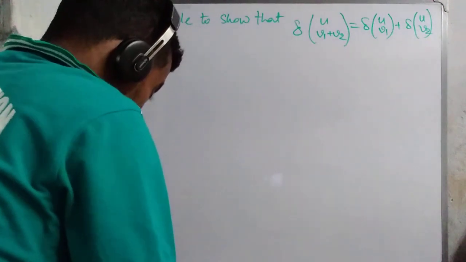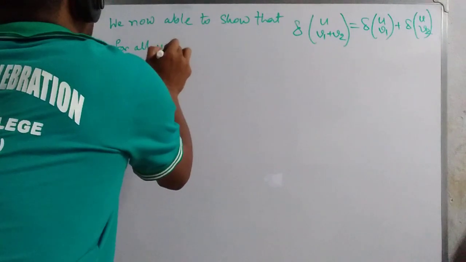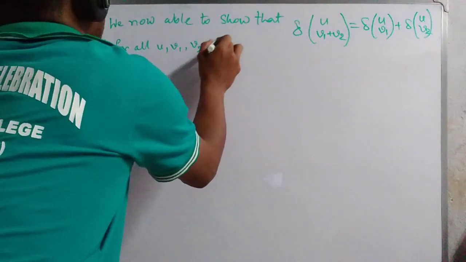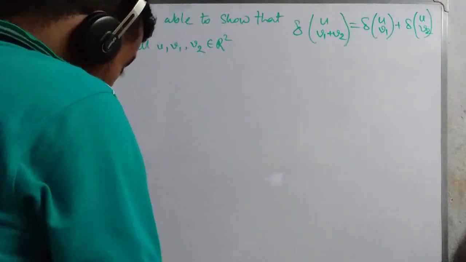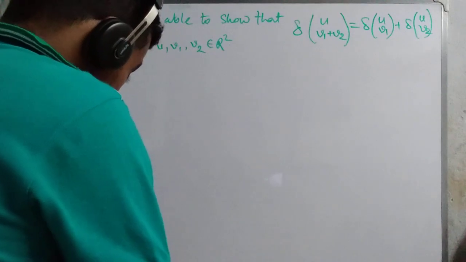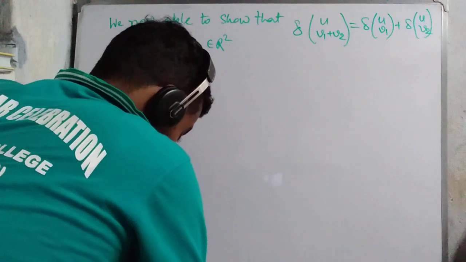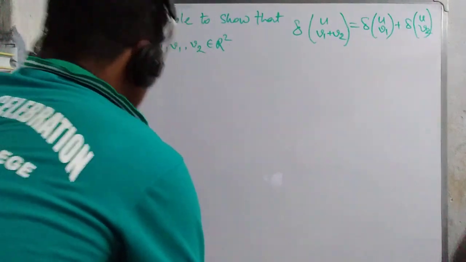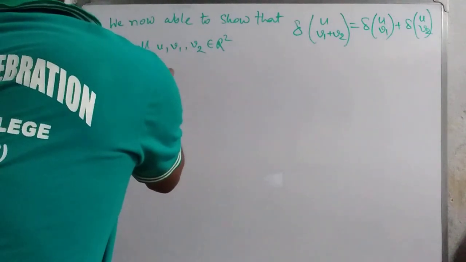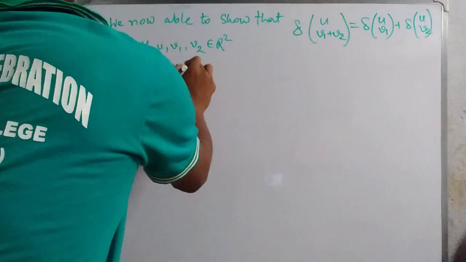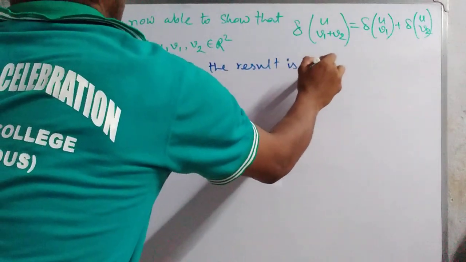Understood? For all u, v1, v2 belongs to R square. Then if u equal to 0, the result is immediate.